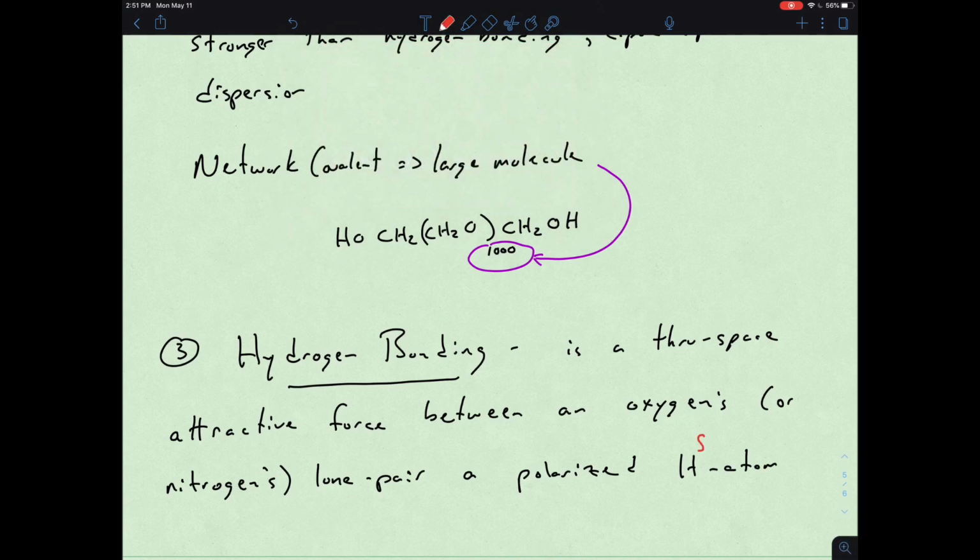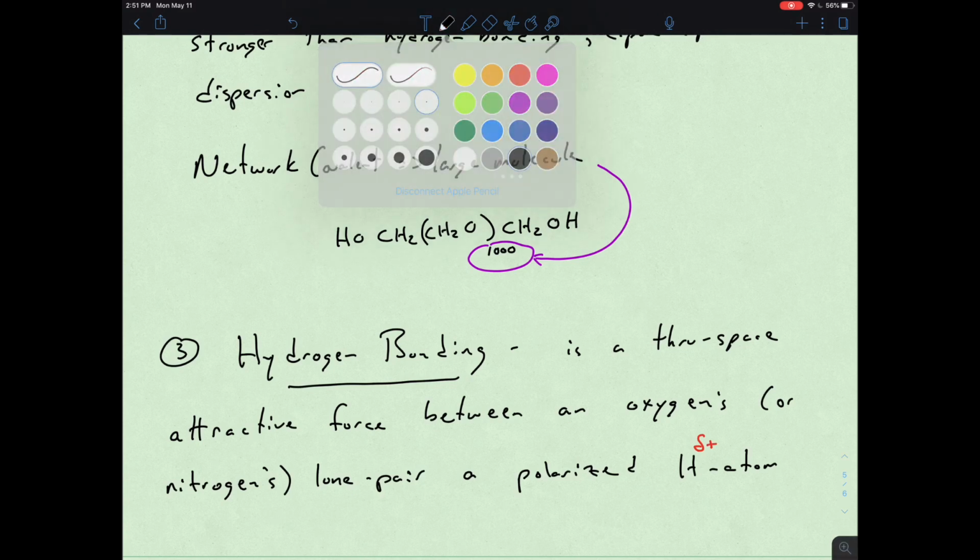Polarized meaning we would have some type of positive charge on that hydrogen atom.